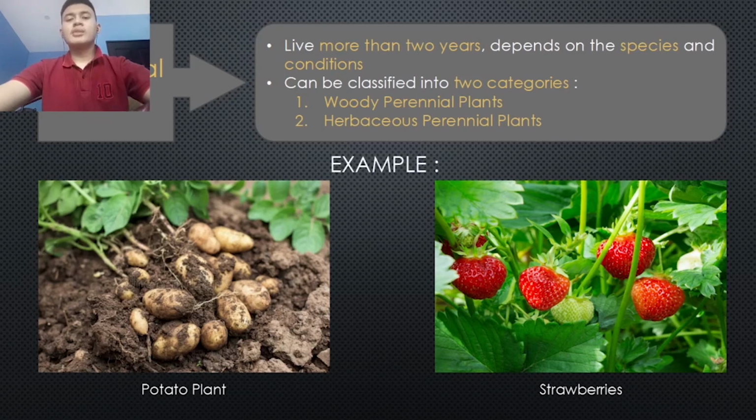These plants can bear fruit and flower many times throughout the years. This is because the plant can adapt to their surroundings and the temperature change. Examples of perennial plants are potato plant and strawberries.